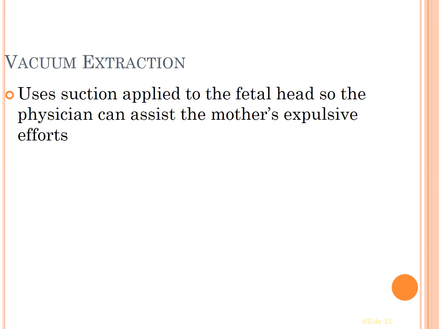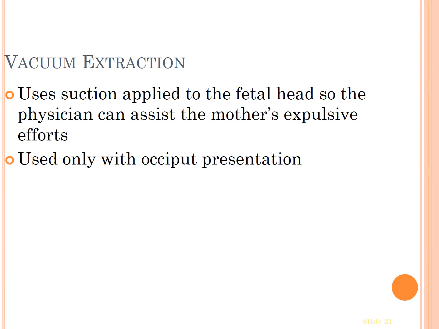And there are indications for both forceps and vacuum extraction. And so you can see how the vacuum extraction works and read about that also on page 180. Of course, we only use it for occiput presentation for vacuum extraction. We cannot use it for a breech.